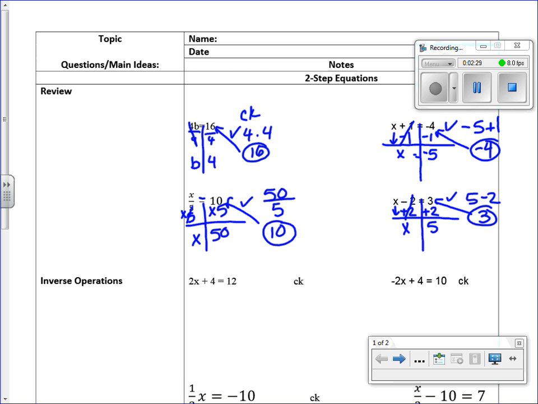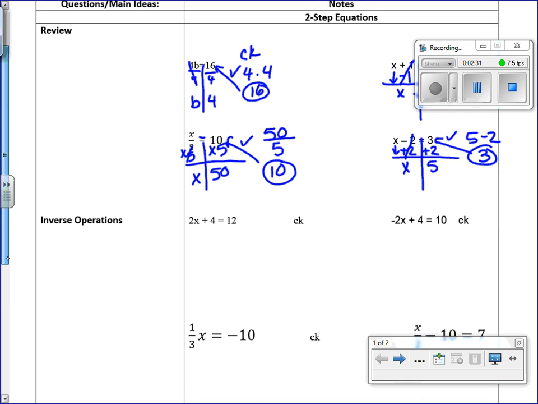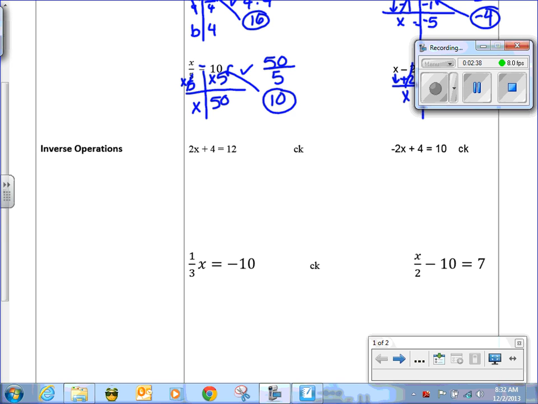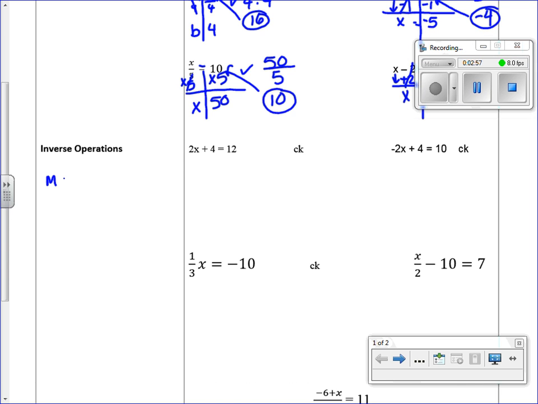Now what we're going to do is called two-step equations. The thing about two-step equations is that we want to solve them the opposite way from order of operations. With order of operations, we have please excuse my dear Aunt Sally, so we did multiplication and division before addition and subtraction.